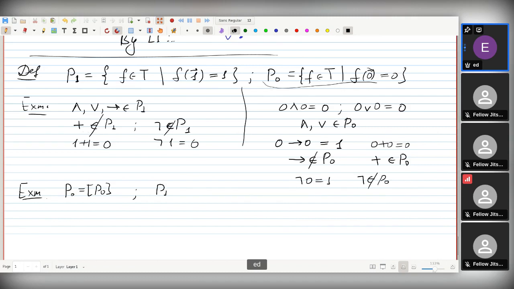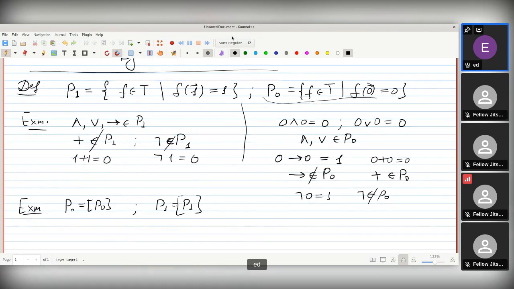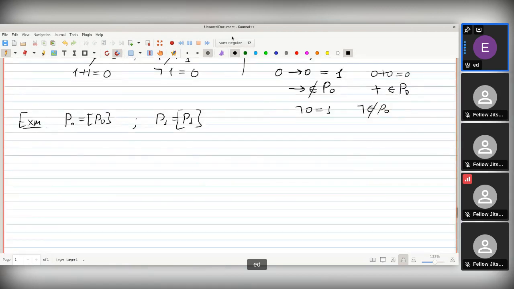And likewise for preserving 1. In fact, we have already checked it. But nevertheless, let us repeat our arguments.